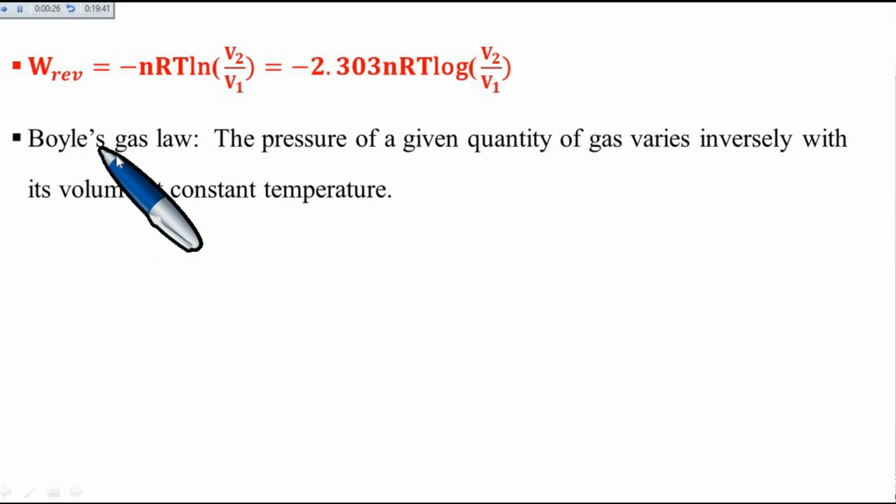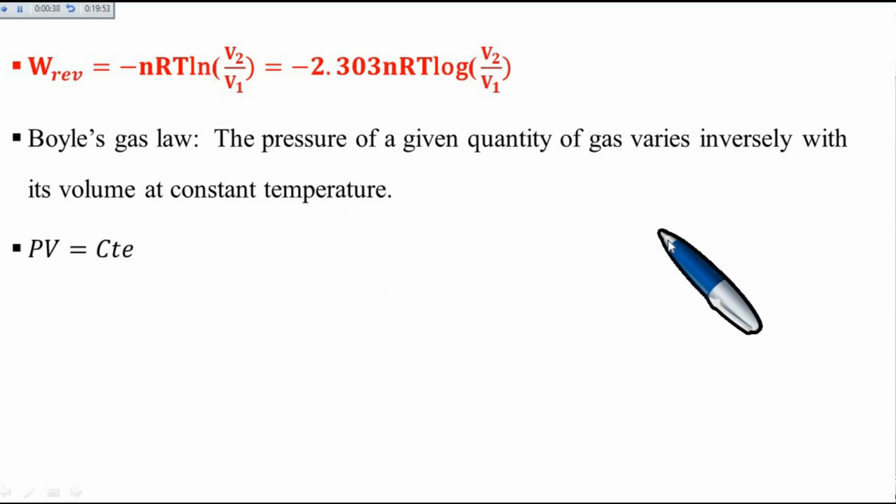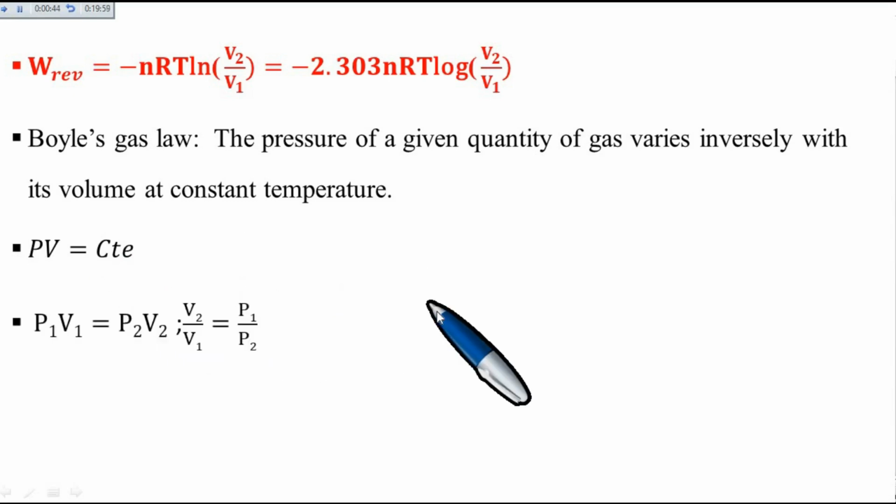Remember, we have discussed Boyle's law at constant temperature. When you have a constant temperature, the pressure of a given quantity of gas varies inversely with its volume. That means Boyle's law says PV is equal to a constant at constant temperature.